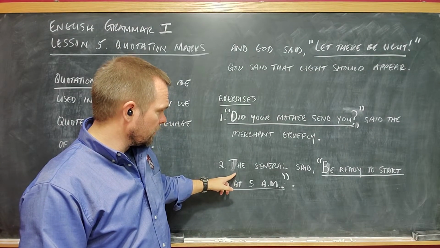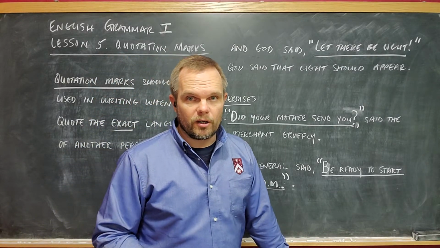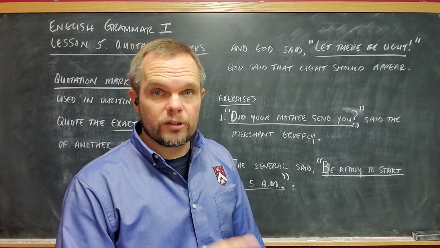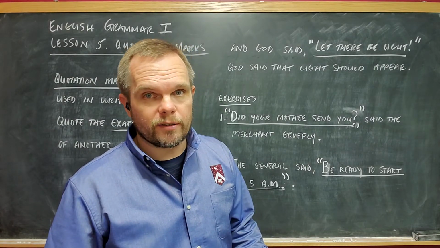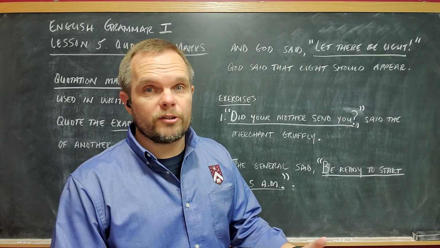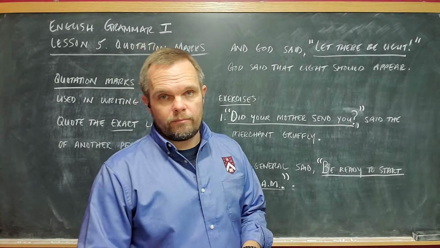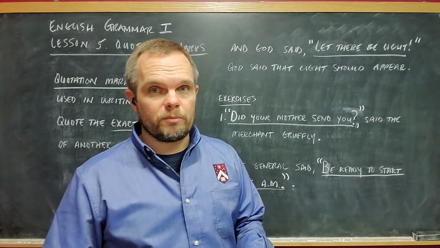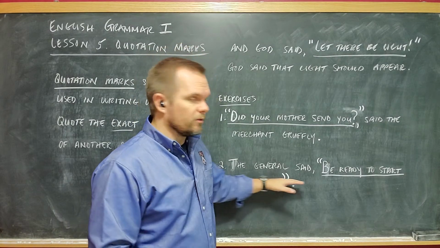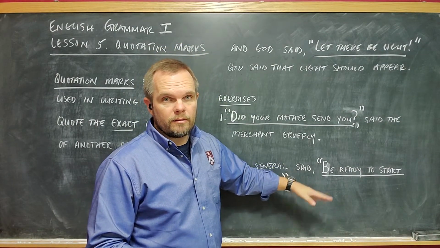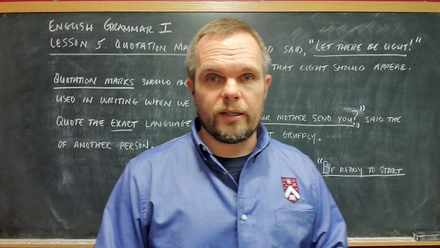For example, here we could say, the general said that we should be ready to start at 5 a.m. The general said that we should be ready to get started at 5 a.m. The general said that we should get up at 5 a.m. The general said that we should be dressed and ready to go at 5 a.m. When I say the general said that, then I usually don't quote the exact words that were said.